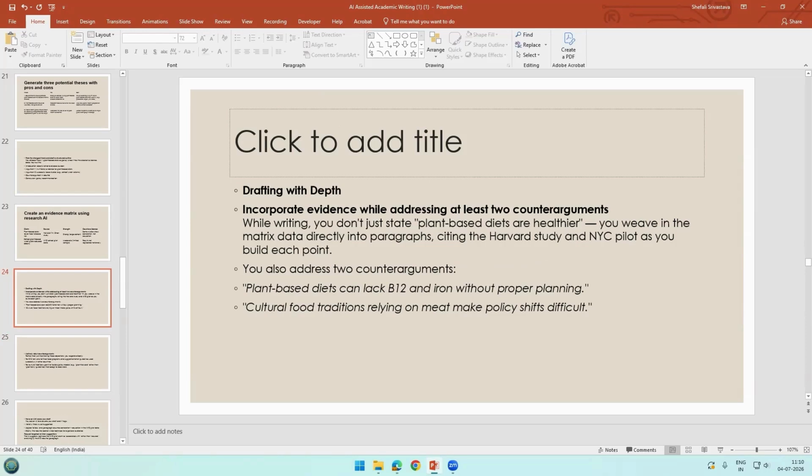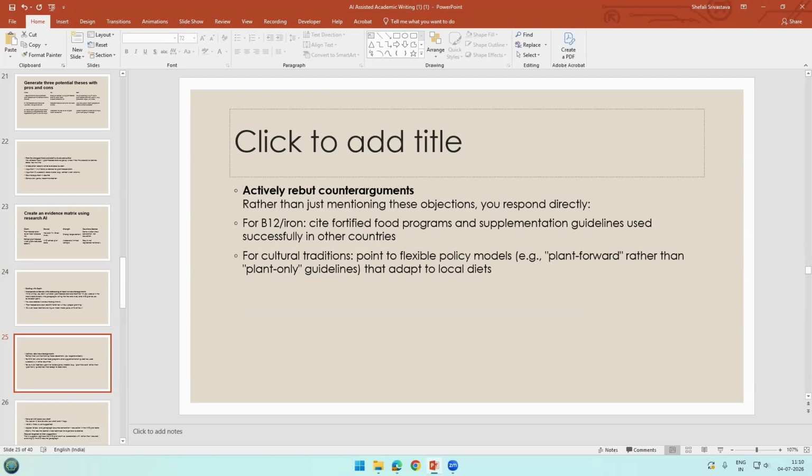So we should also consider these two counter arguments in our writing. And rather than just mentioning these objections, we respond by saying that for B12 or iron, we should cite fortified food programs and supplementation guidelines used successfully in other countries.